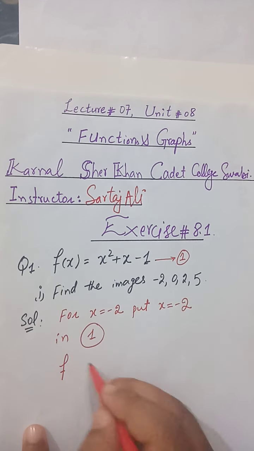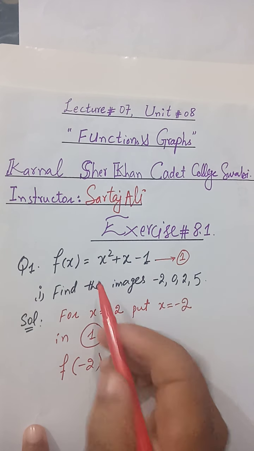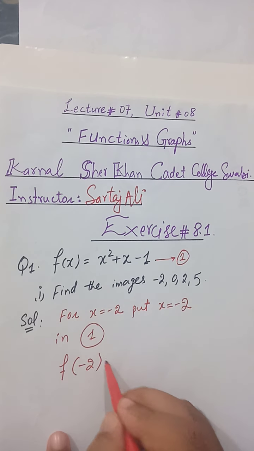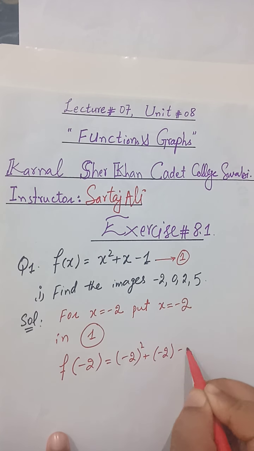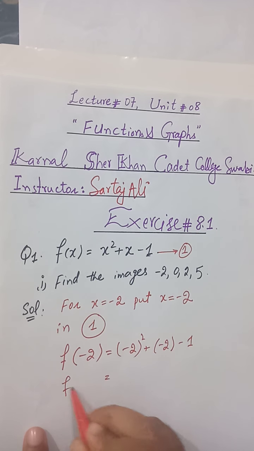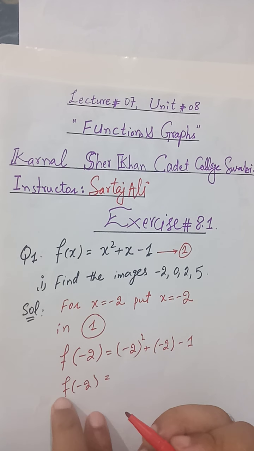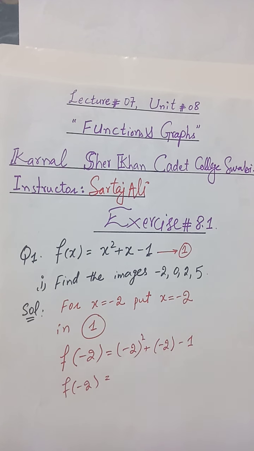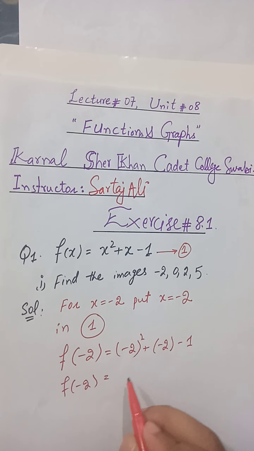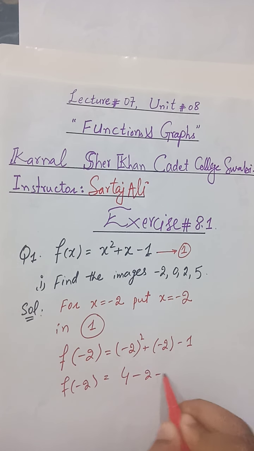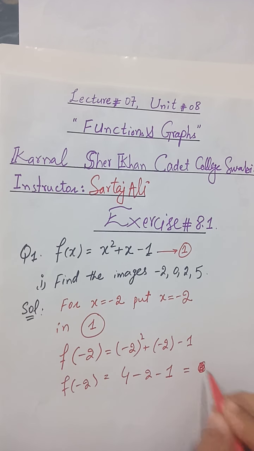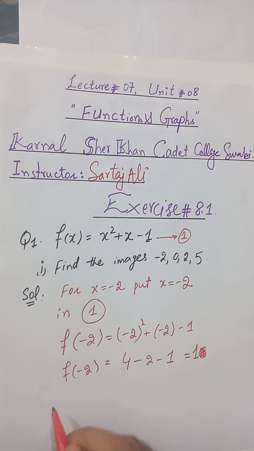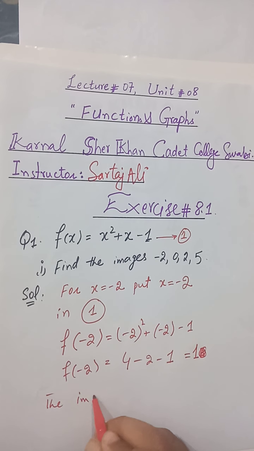So equation 1 becomes, when you replace x by -2, -2 whole square plus -2 minus 1. So f of -2 is actually the image of -2 under this function f. From this calculation you will get a value. This is 4, this is -2 minus 1, so this is 4 minus 3, you will get 1.